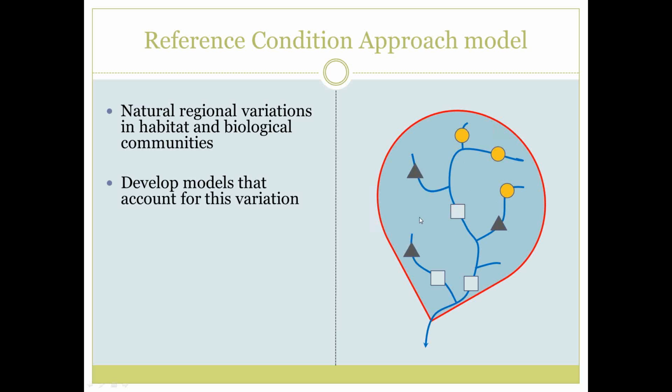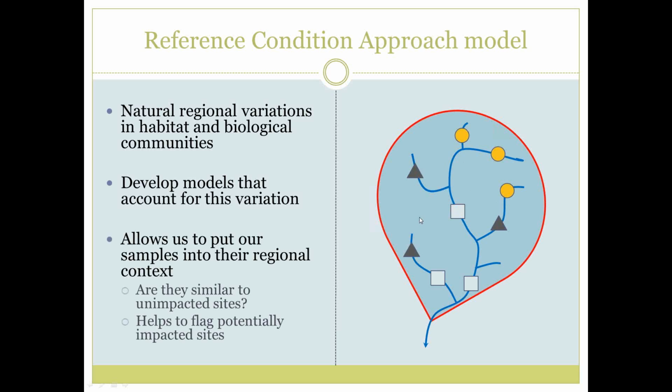And so in order to assess the health of our river systems, we need to be able to develop a model that will account for this natural variation across different scales. So what a reference condition approach model allows us to do is to put a sample that you take, let's say you take this sample here, and put that sample into its regional context.